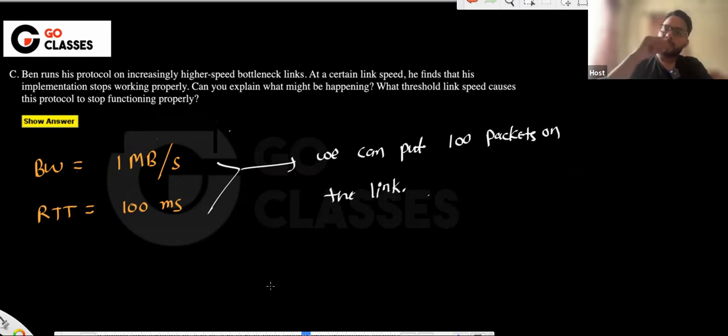Now, if you increase the bandwidth, then obviously you can put more packets on the link. But they are saying that after a certain threshold, the protocol is not working. Then what is that threshold? Why would you think the protocol will not work? Have you understood this question clearly?